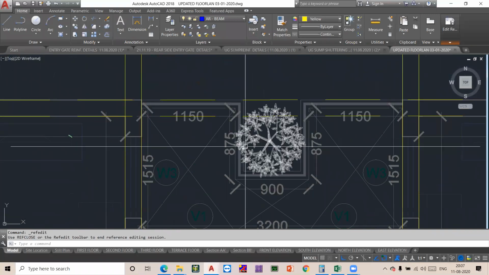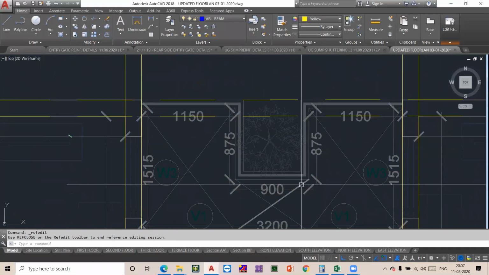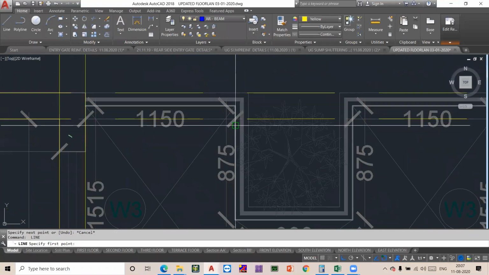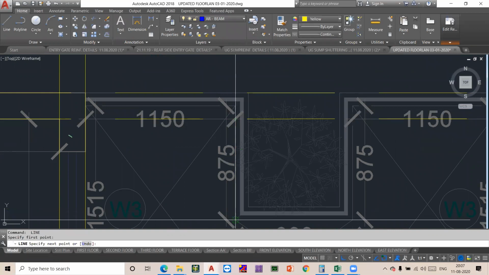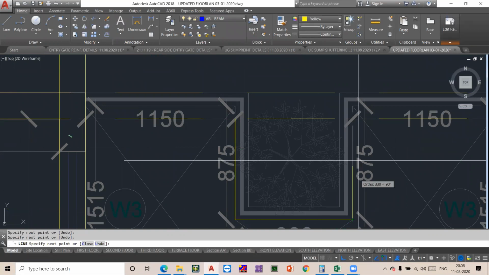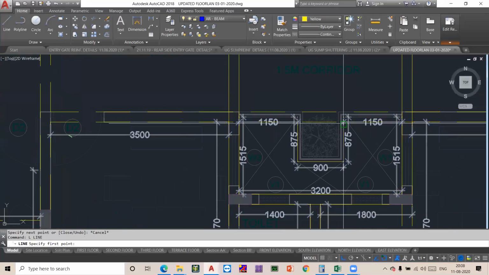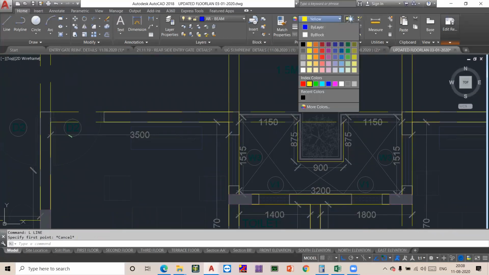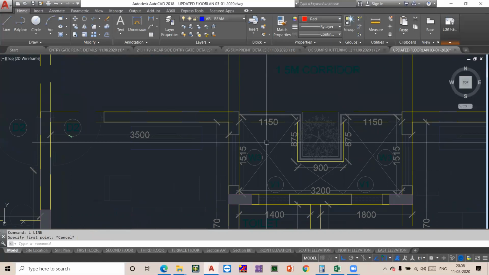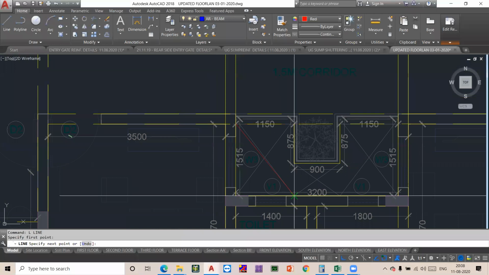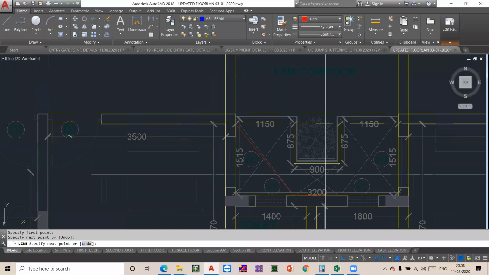Whereas you need to provide this slab projection for supporting this landscape activity. That slab projection shall be provisioned. And all of these cutouts will be indicated with red colored lines in the same fashion.